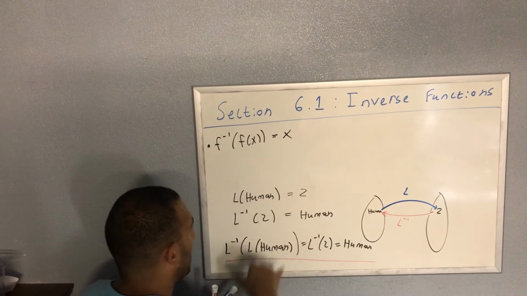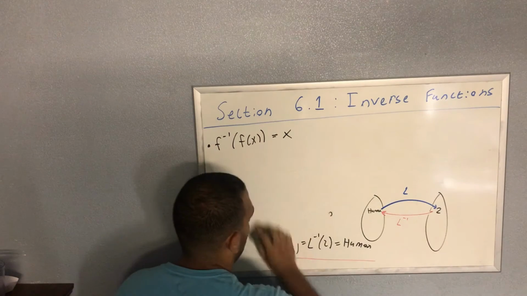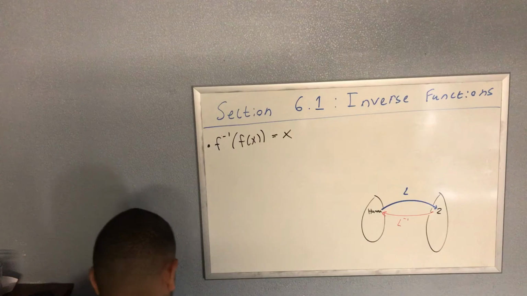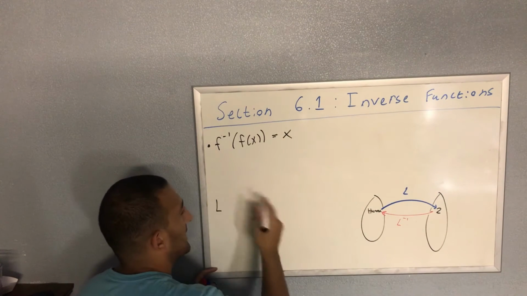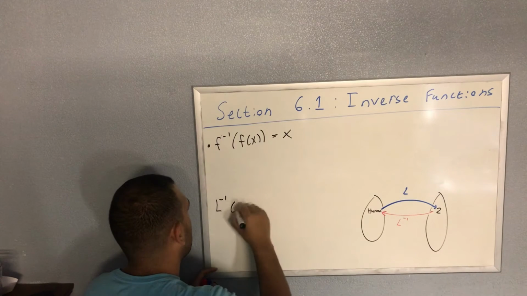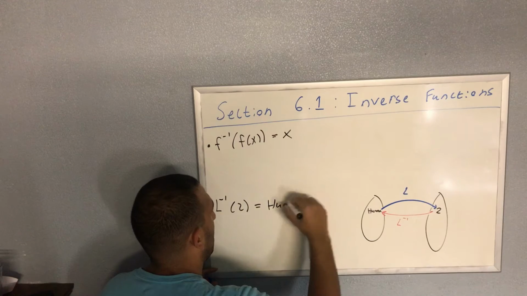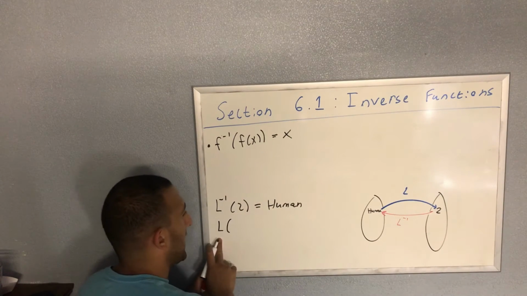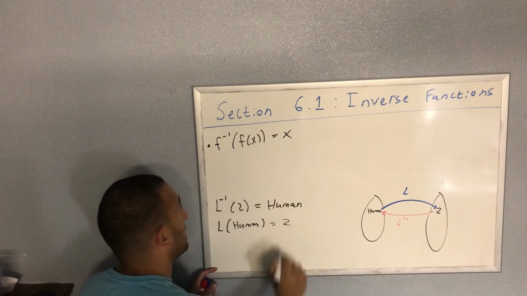So if we summarize this in the way that we did here, what we were doing is we took L inverse of 2, step 1, and that gave human. And then we could stick this number into the original function L, and that gives 2 back.